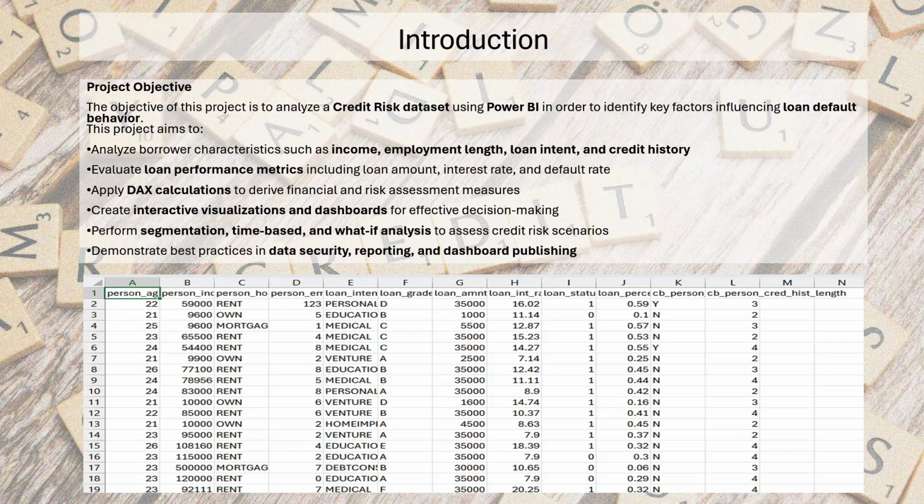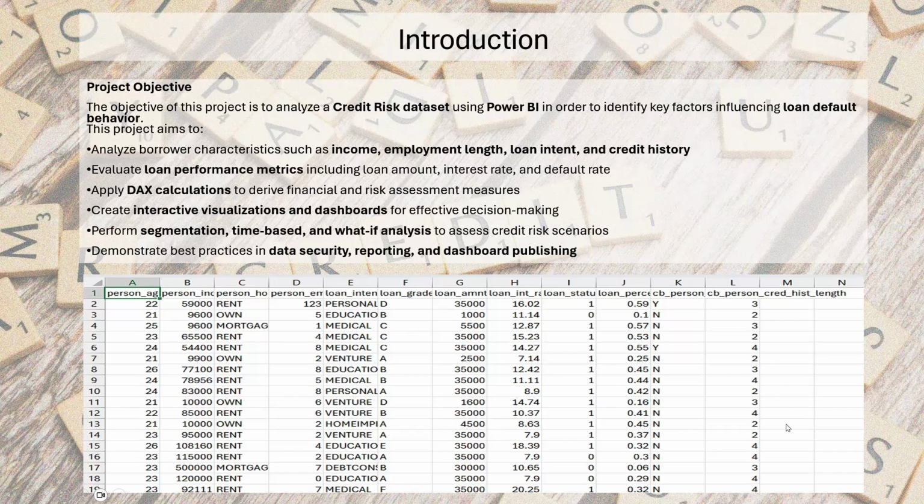This project aims to analyze borrower characteristics such as income, employment length, loan intent, and credit history; evaluate loan performance metrics including loan amount, interest rate, and default rate; apply DAX calculations to derive financial and risk assessment measures; create interactive visualizations and dashboards for effective decision making; perform segmentation, time-based and what-if analysis to assess credit risk scenarios; and demonstrate best practices in data security, reporting, and dashboard publishing.